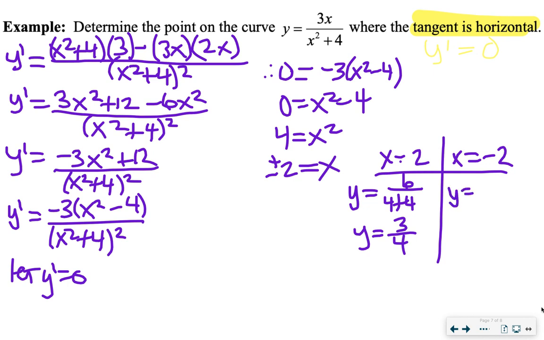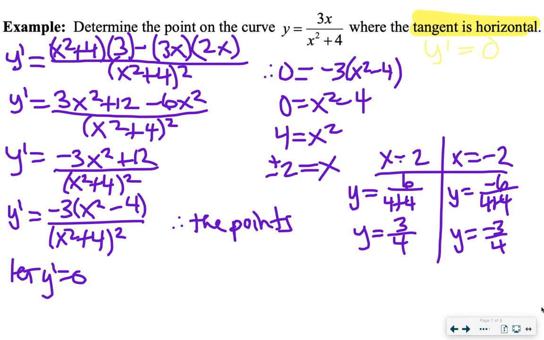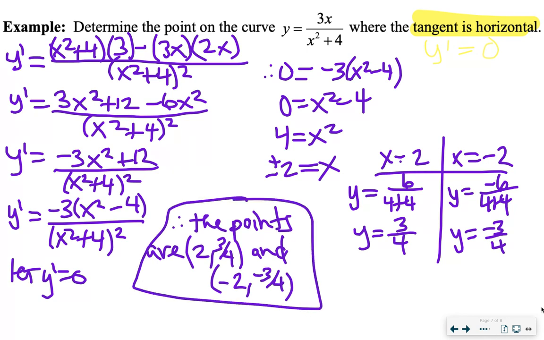When x is negative 2, my y ends up being negative 6 over 8, so I get negative 3 over 4. Alright, so the points are 2 and 3/4 and negative 2, negative 3/4. Right, so those are the 2 points on the curve where the tangent is horizontal.